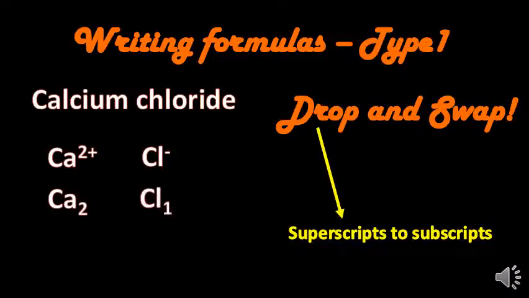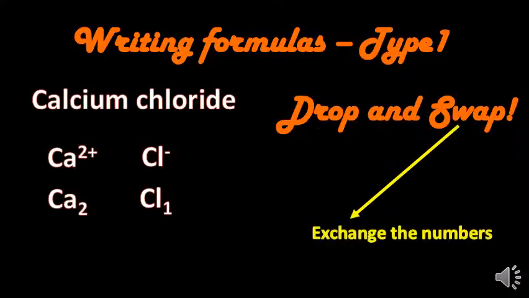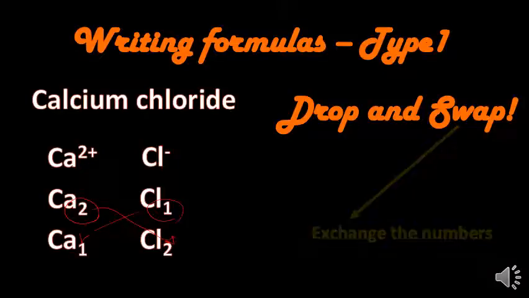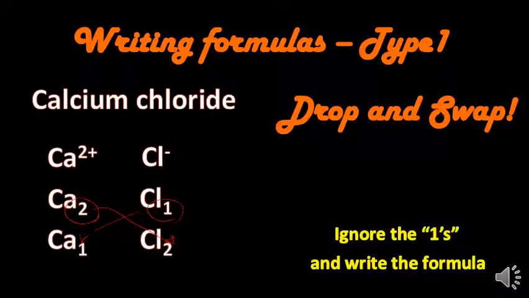So calcium, we bring the 2 down and the chlorine down. The second step is swap. We're going to exchange those numbers. So the 1 here on chlorine went there, and the 2 here went there. Now, we're going to ignore the 1s because we don't put 1s in formulas, and just write the formula, calcium chloride.